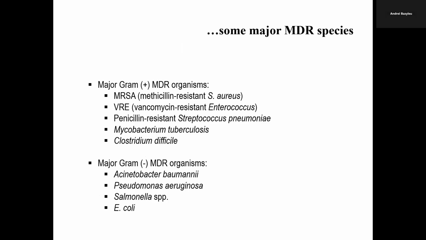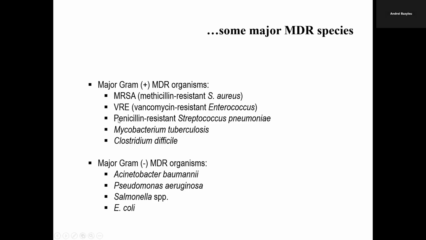The importance of the antibiotic was so high that they even came up with a specific name for this bacteria, methicillin-resistant Staph aureus. It just shows you how important this drug is.